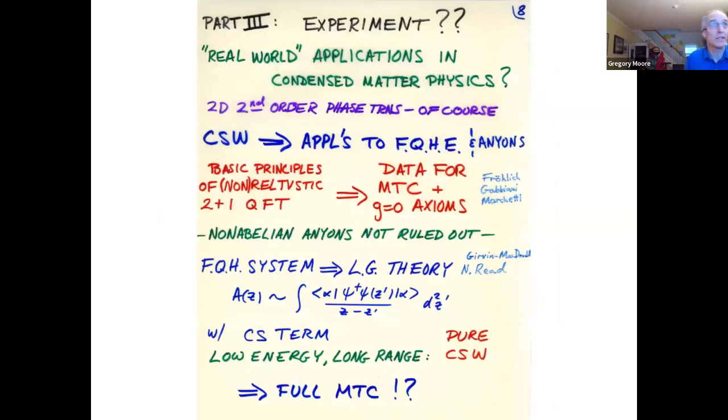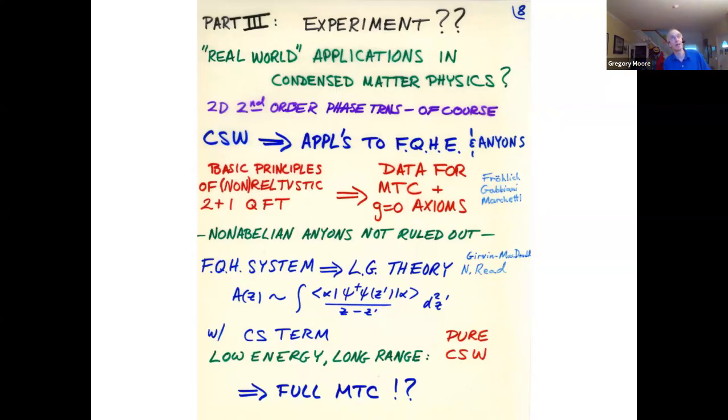But it's there on the slides. And then part 3 of the talk was asking whether we could apply these ideas to experiment, real-world condensed matter physics. And so it was clear that a good place to do that was the fractional quantum Hall effect and the anyons via its connection with Chern-Simons-Witten theory.